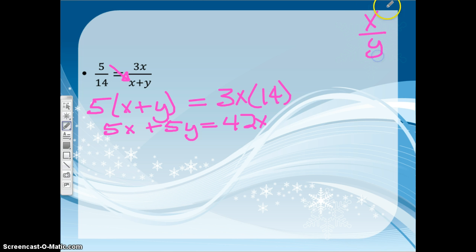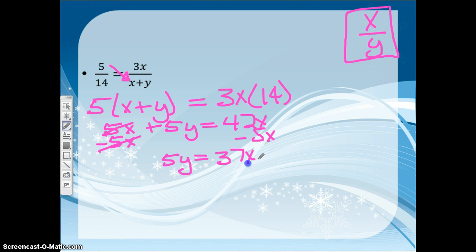Remember what our goal is? The ratio of x to y, with x in the numerator, y in the denominator. Let's start by getting our x's together. 5x minus 5x gives us 0x on the left. We're left with 5y on the left. 42x minus 5x gives us 37x. Alright, x is in the numerator.